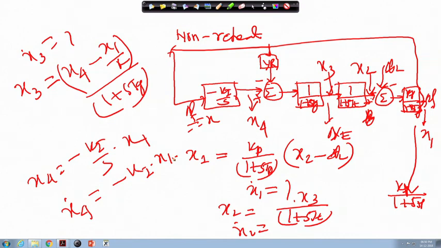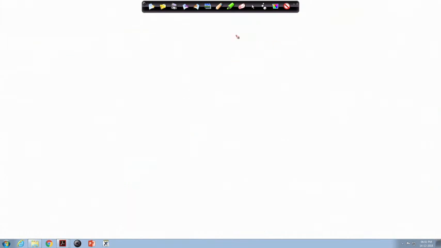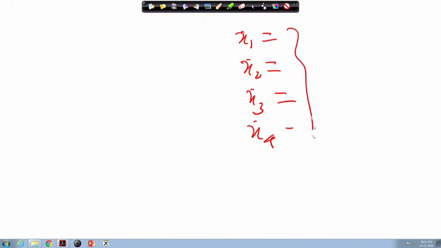That means your A matrix is a function of Ki, and other parameters are known to you except Ki, and you have to find Ki using the degree of stability. So I am now clearing this. I suggest that you write x1 dot, x2 dot, x3 dot and x4 dot equations, so your A matrix will be 4 by 4.